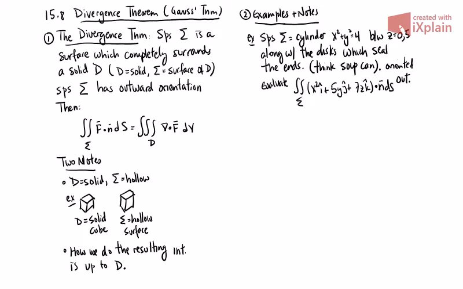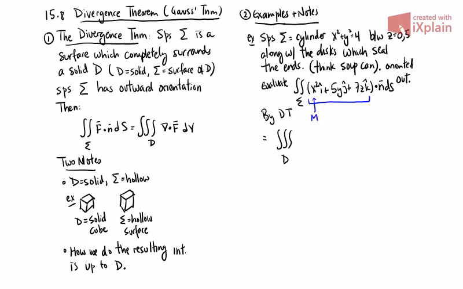So by the divergence theorem, this becomes a triple integral over D. And when we take the divergence, so it's been a little while since we took the divergence, of this vector field, we take the partial derivative of this guy. We used to call this M when we saw these.